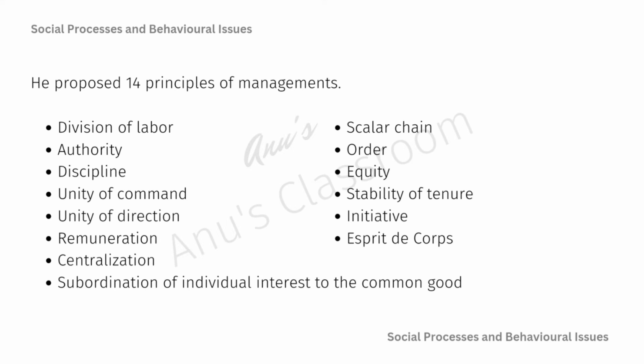He has written multiple books, and in one of them he proposed the 14 principles of management, which is the most important point in this administrative theory. These 14 principles have to be memorized. They are division of labor, authority, discipline, unity of command, unity of direction, remuneration, centralization, subordination of individual interest to the common good, that is, the common goal of the organization, scalar chain, order, equity, stability of tenure, initiative, and esprit de corps, or nothing but team spirit.